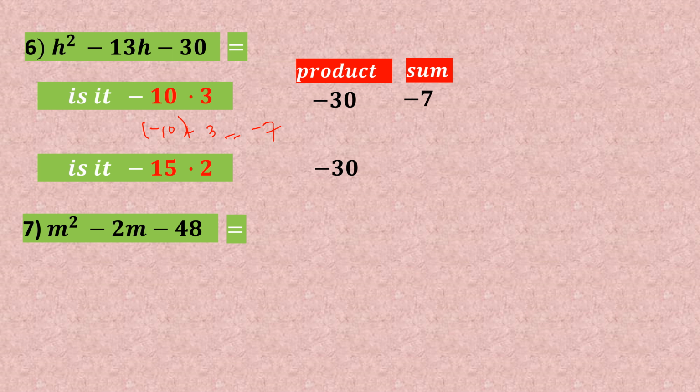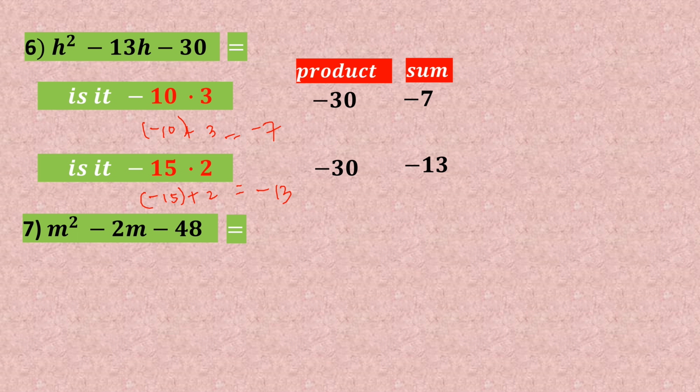While if negative 15 and 2 will be added, negative 15 plus 2 will give us negative 13. Okay, so negative 13 will be the sum of negative 15 and 2, with a product of negative 30. So therefore, as you have seen in our given, our middle term is negative 13.